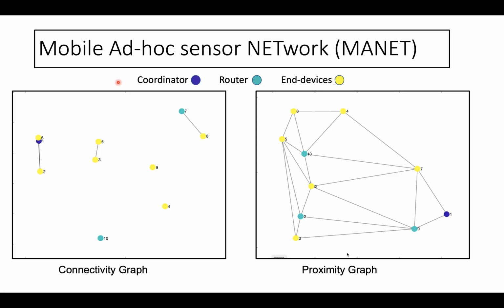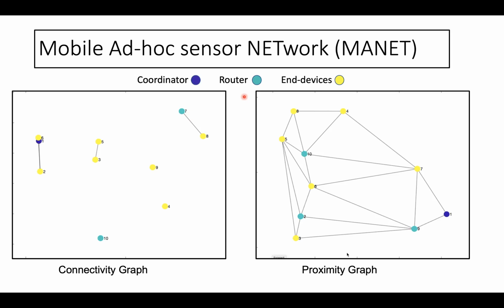Each sensor is equipped with a data processor and an embedded battery. The sensors can move independently in space in any direction, and for that reason they can change links and connections with respect to the others.